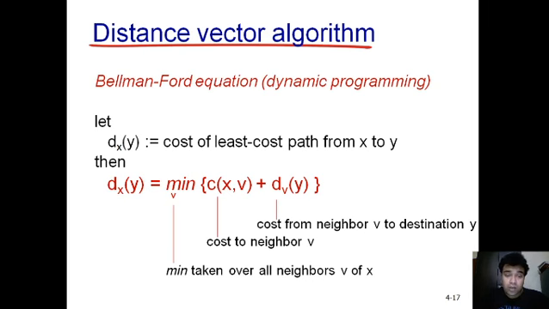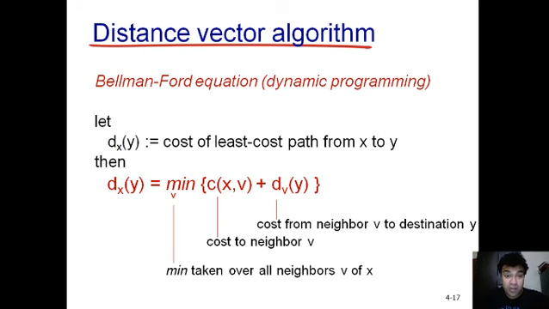Let's assume a network in which you have two nodes X and Y, which are very far away from each other. If we have to apply the distance vector algorithm to find the shortest distance between these nodes, then Bellman-Ford has given this equation which you see in front of you. dxy is the cost of the least cost path from X to Y. How are you going to calculate it?